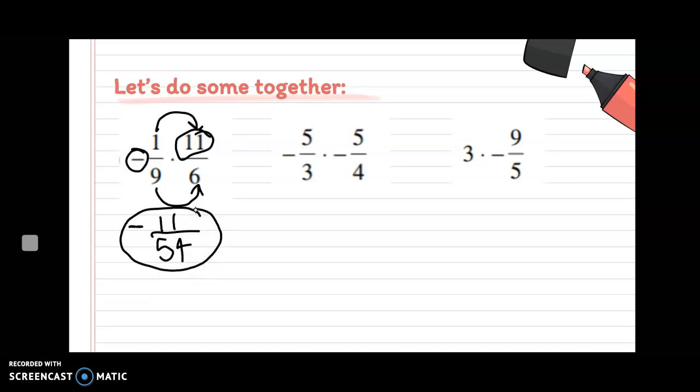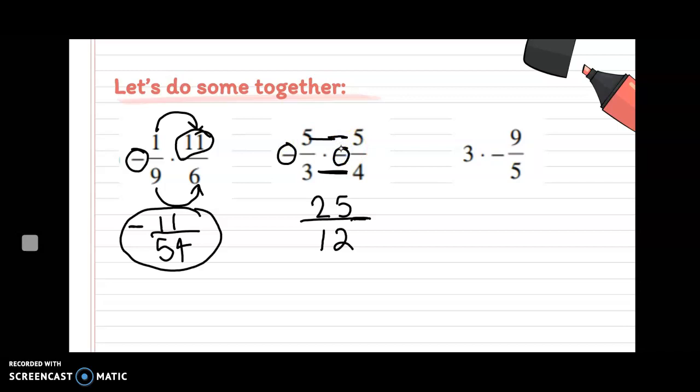Let's look at this next problem. We have 5 times 5, and that's going to give us 25. And then we have 3 times 4, and that's going to give us, sorry, my pen's not cooperating, 12. And remember that we have a negative times a negative, which is a positive.